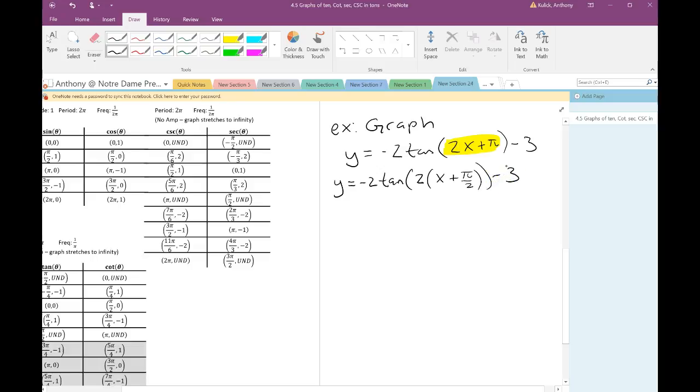Everybody on board to there? Okay. And if I really wanted to be super duper technical and write this in standard form, this coefficient should be 1 over b, so I should write it as 1 over 1/2, right?